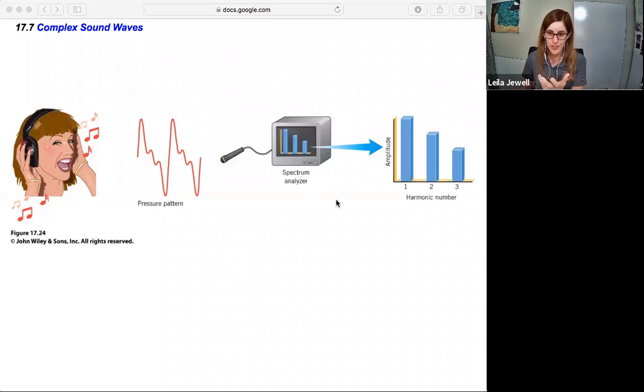And so that's where a spectrum analyzer is really useful. And really complicated patterns, it turns out, are just these combinations of different frequencies and different harmonics. And even if you're just sounding a single note, there's a whole bunch of other harmonics built in there.